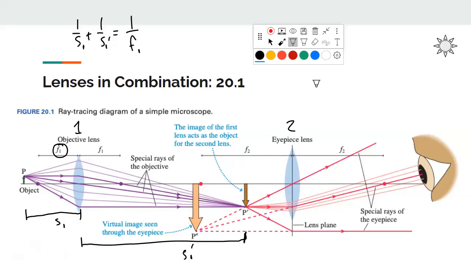So we use the thin lens equation for the first lens, we find the image length, and in this case, we would get a positive number. So that tells us it's to the right, it's a real image. And we call this point in the diagram P prime.